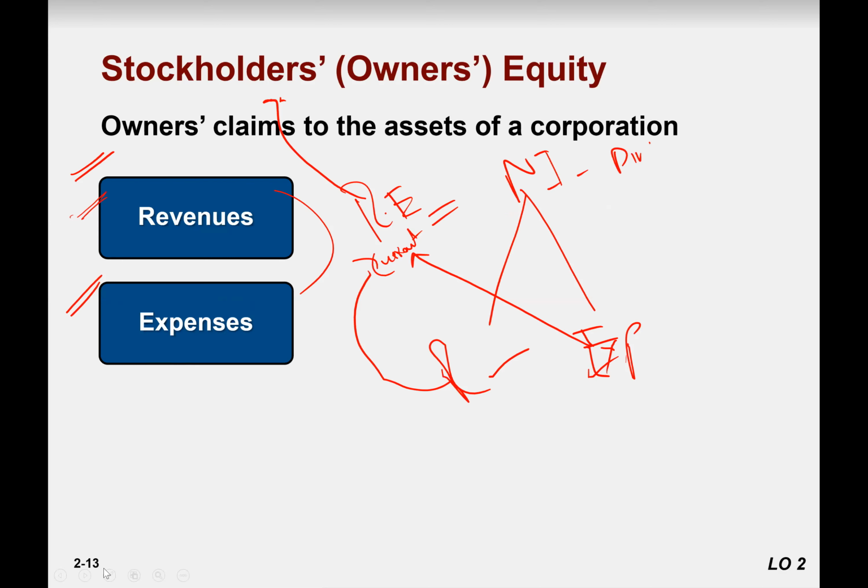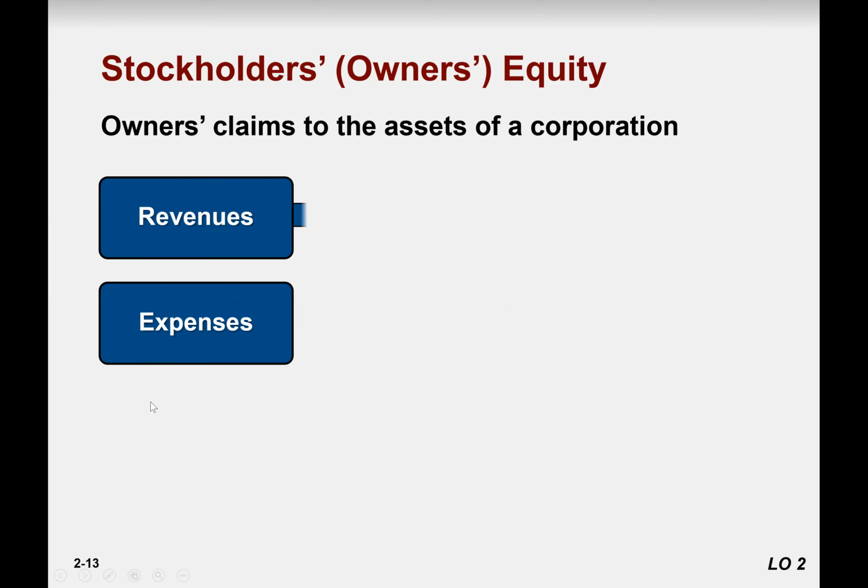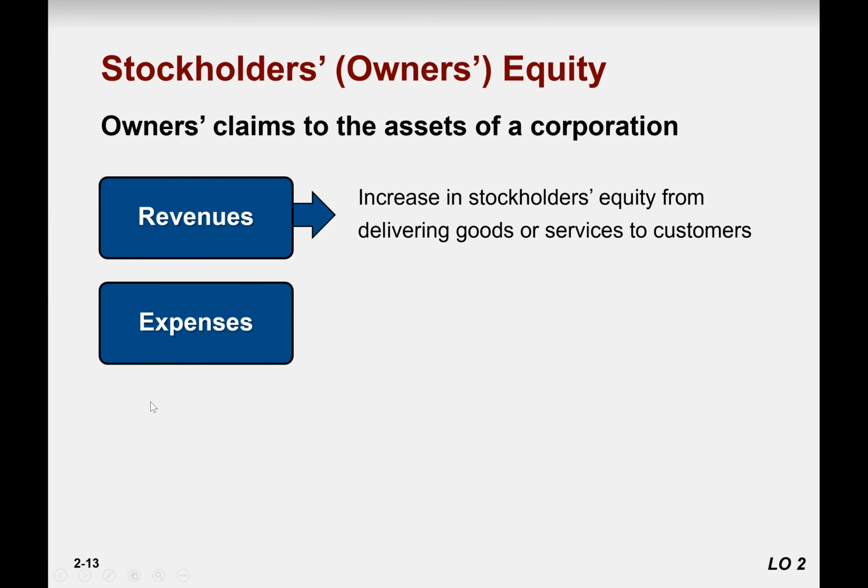So let me just clear all the mess here. Revenue means increase in equity from delivering goods or services. So selling your products, which is the core operation of your business, is called revenue or sales.